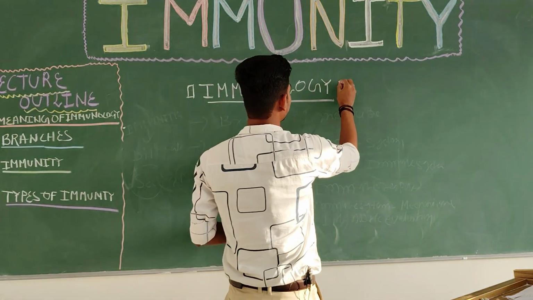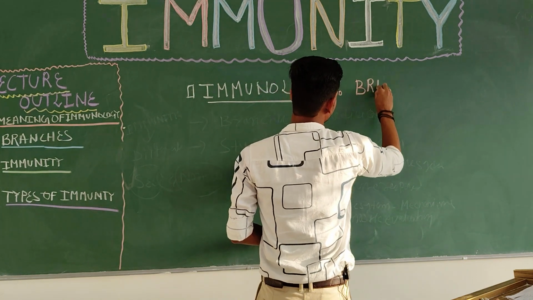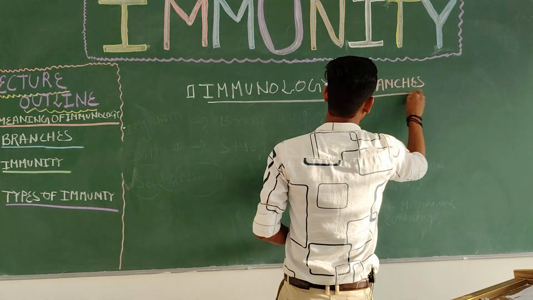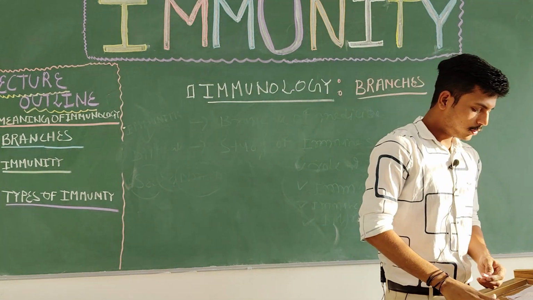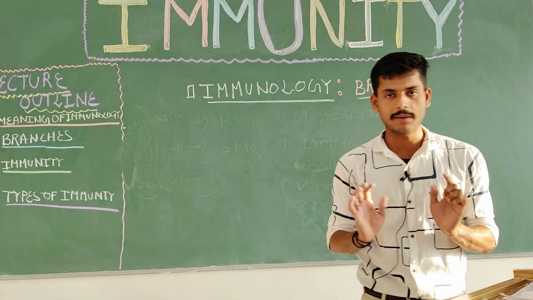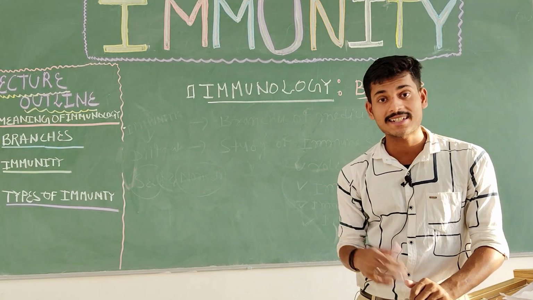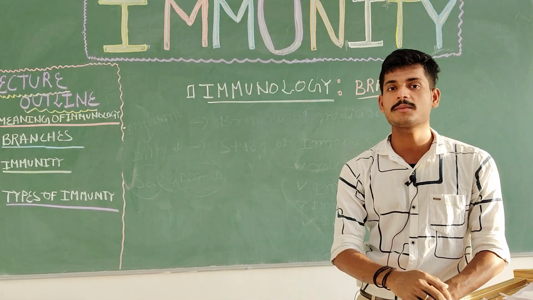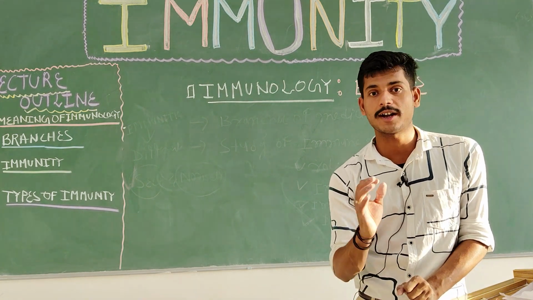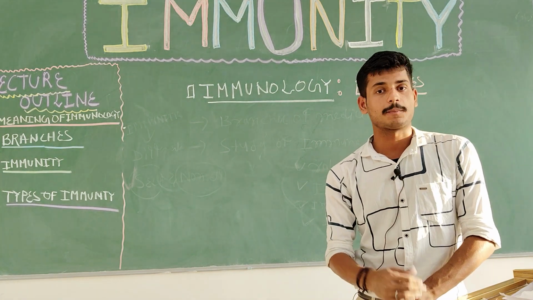So now we are discussing the immunology branches. There are various branches of immunology, and remember, the immune system is also studied in the case of virology, bacteriology, and parasitology.